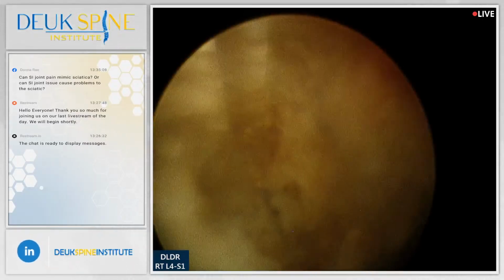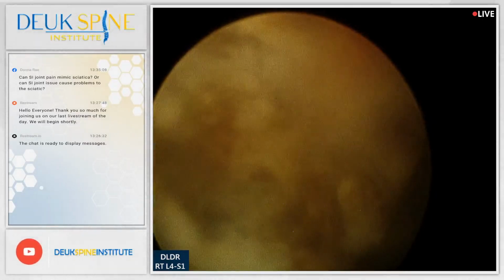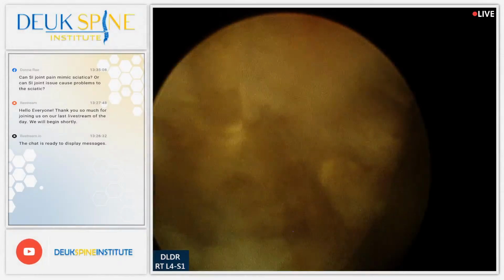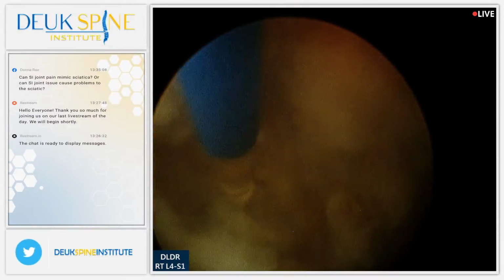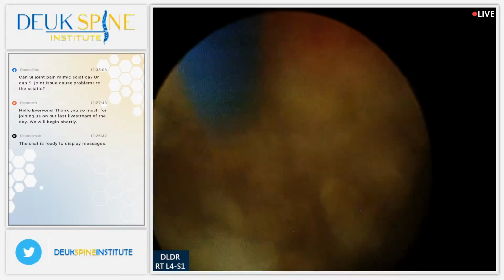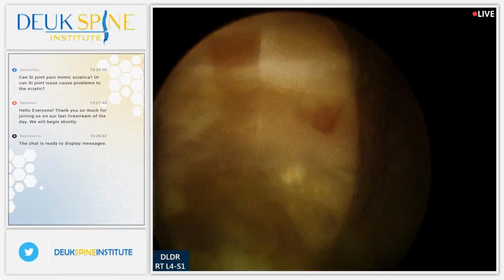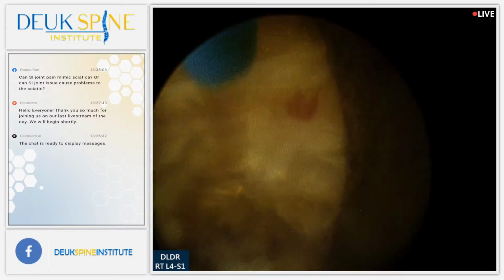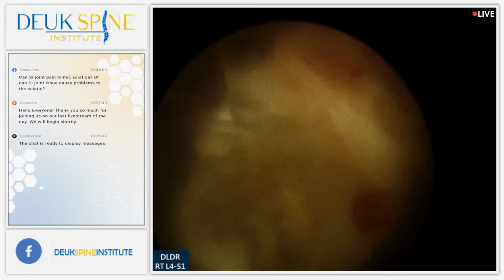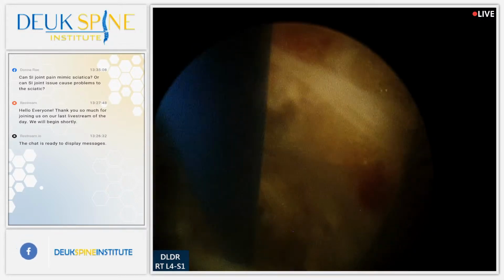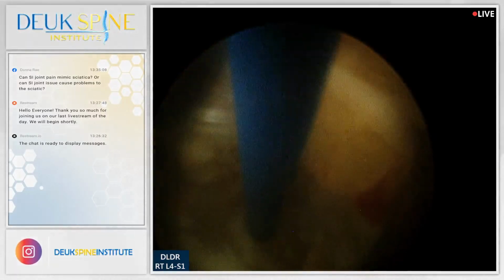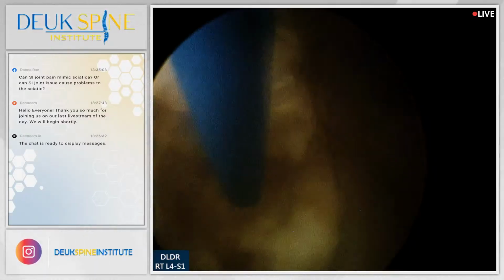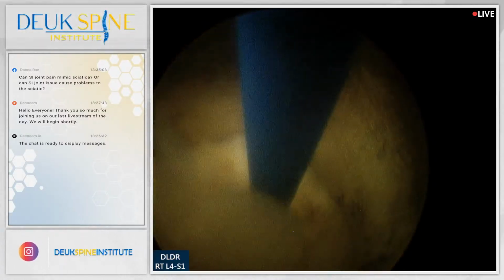So the traumatic injury to the disc is a crushing, shearing injury that overwhelms the capacity of the annular fibers to resist deformation. They end up tearing, and when they tear, it also crushes the nucleus pulposus right next to the tear. What happens then is you end up getting a fragmented nucleus next to the annular tear.